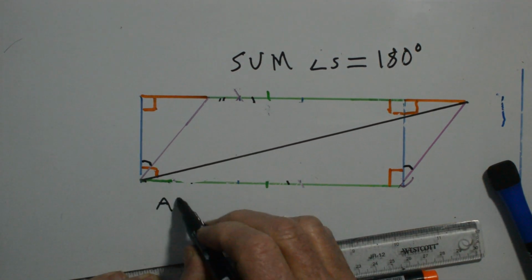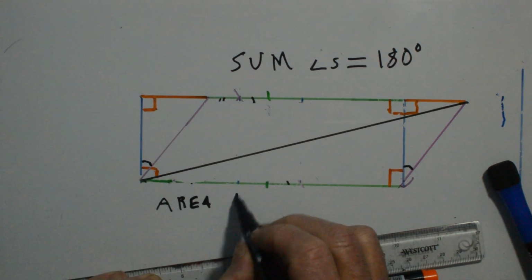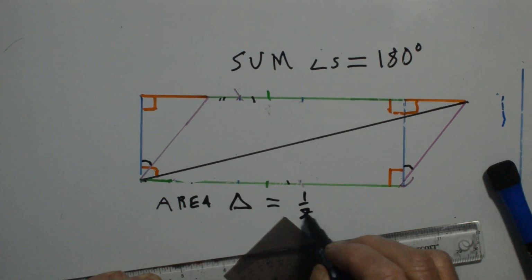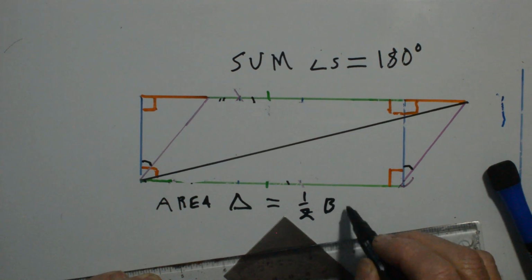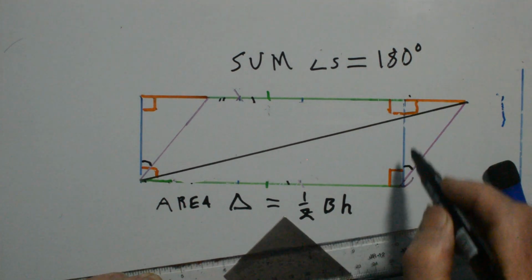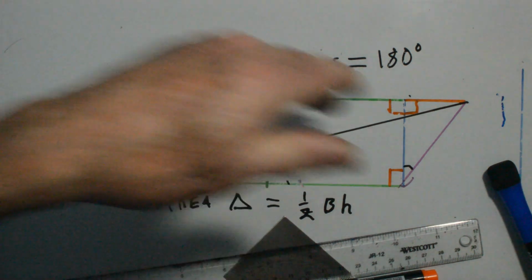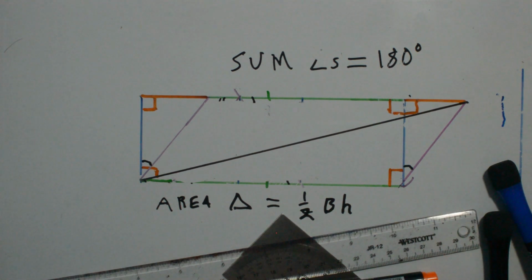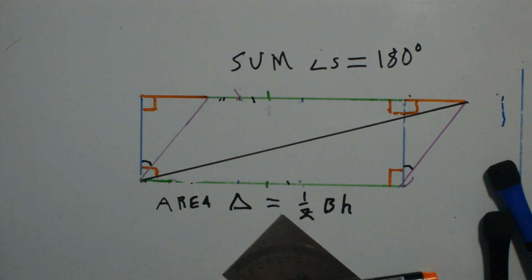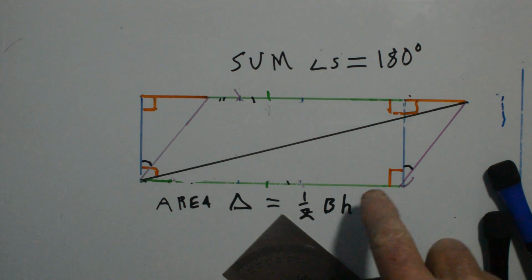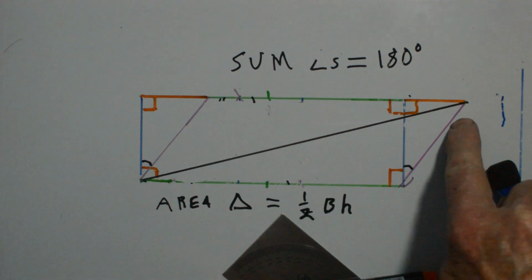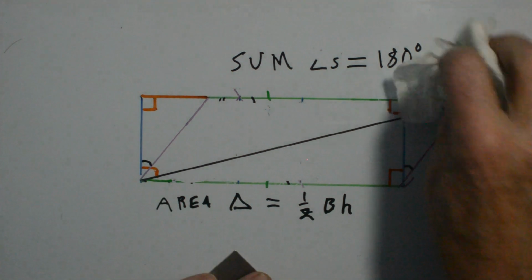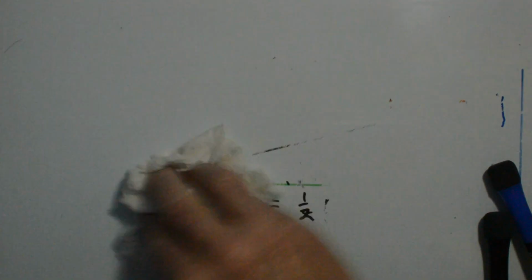The area of a triangle equals 1/2 the base times the height, being the rectangle that you would create. All right, now we're going to go one more step. Now that we know that this triangle is 1/2 the base times the height, we can go to one more step.